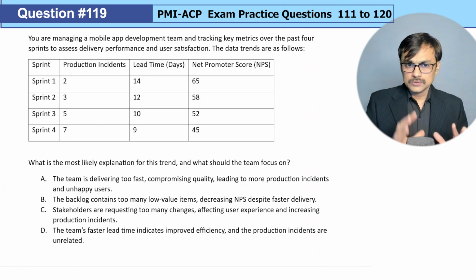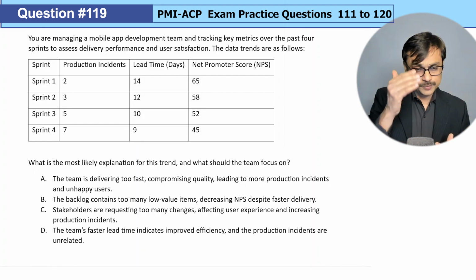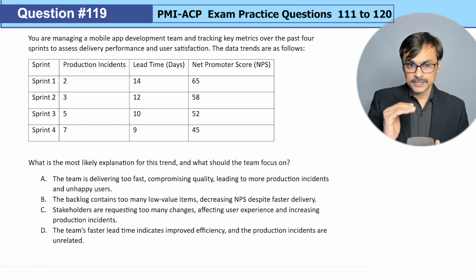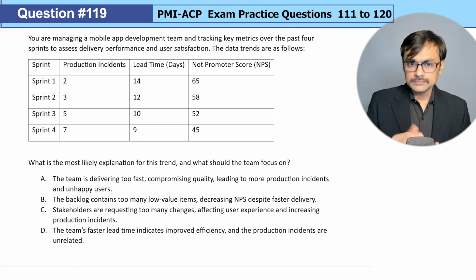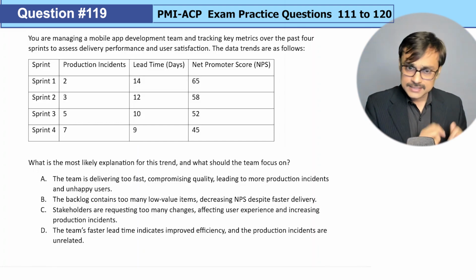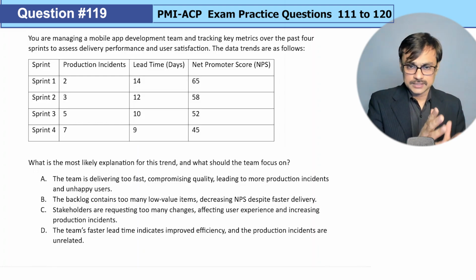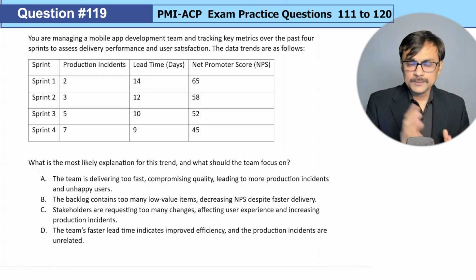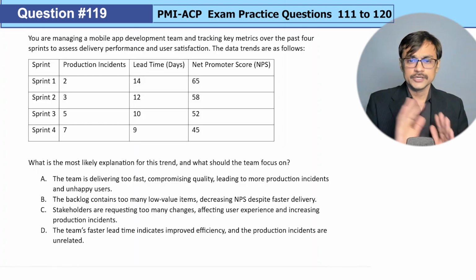Production incidents seem to be increasing. Yes, they are pretty much increasing. Lead time is reducing. So the team is delivering fast, end to end. They are getting something and throwing it out fast. Net promoter score is reducing.